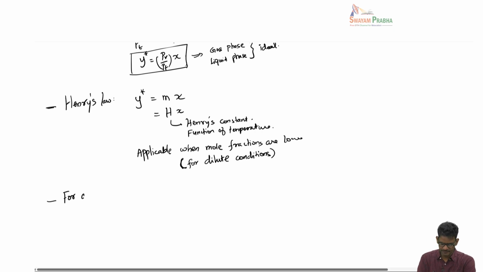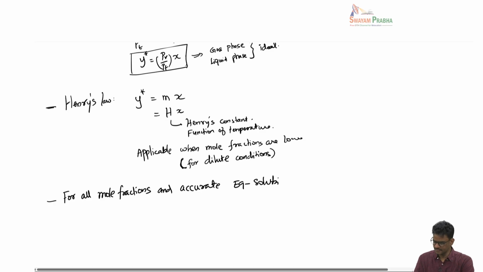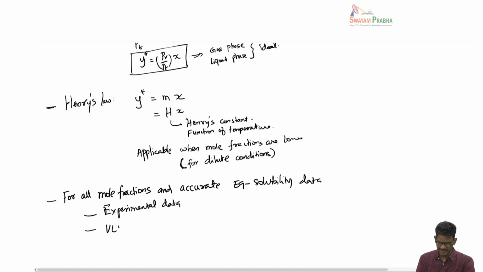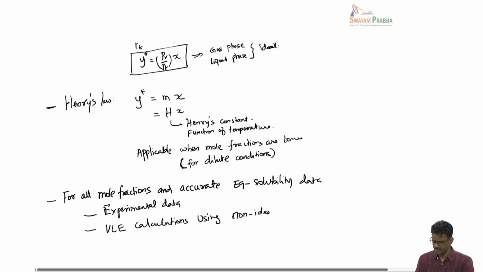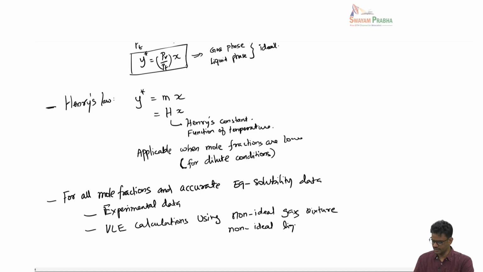For all ranges of mole fractions and accurate equilibrium solubility data, you have to either refer to experimental data or perform VLE calculations using non-ideal gas mixture and non-ideal liquid mixture models.